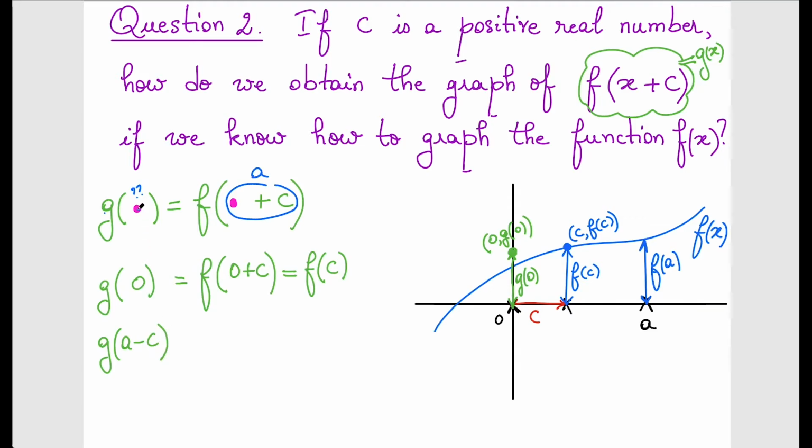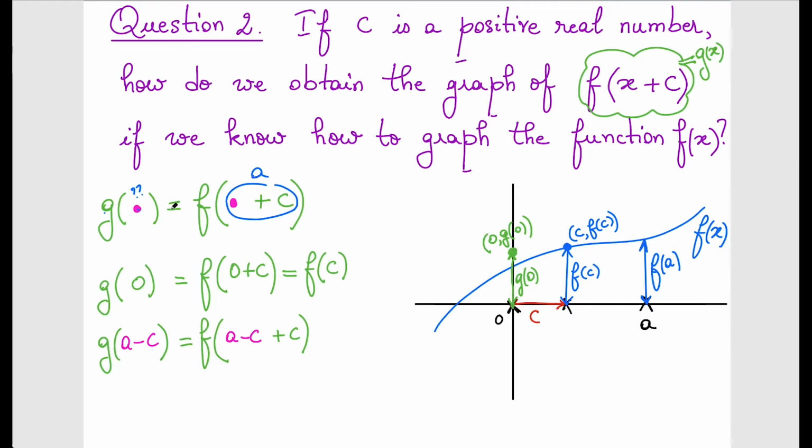Who's the bullet? The bullet is a minus c. Let's color this in pink. That's taking the role of the bullet, right? And then that's gonna be equal to f of the bullet, which is a minus c, plus the c, correct? Plus the c. One more time.